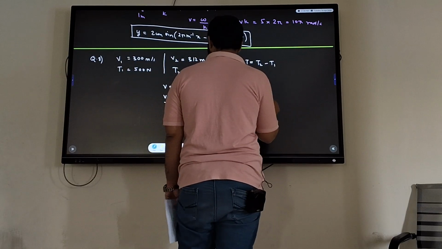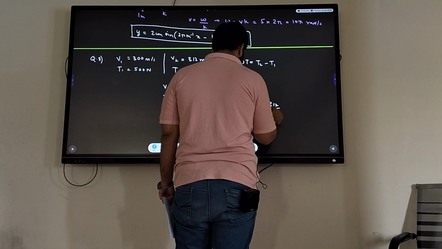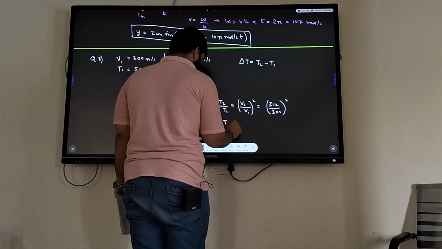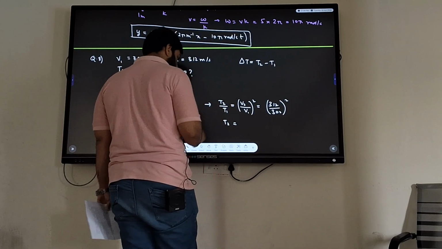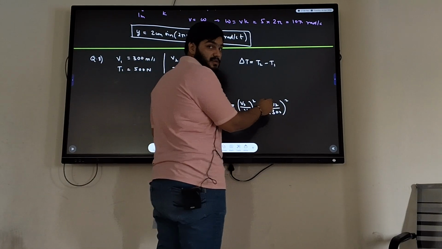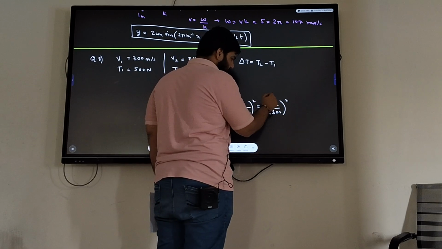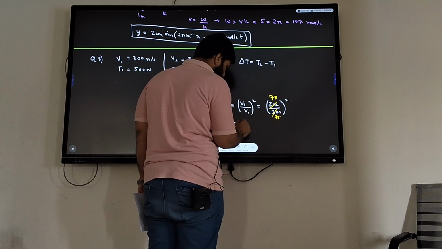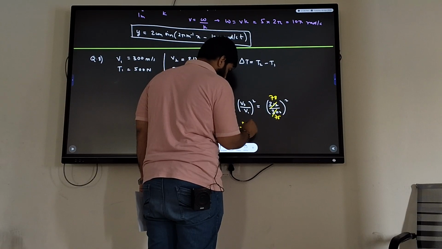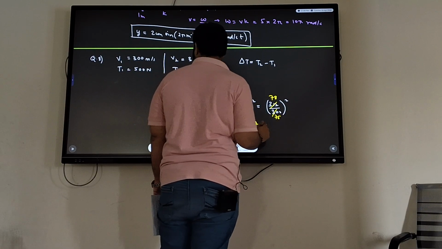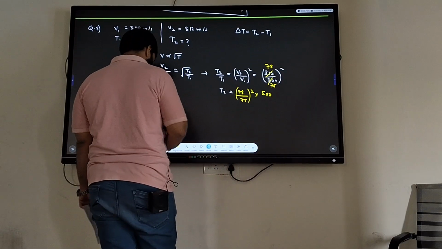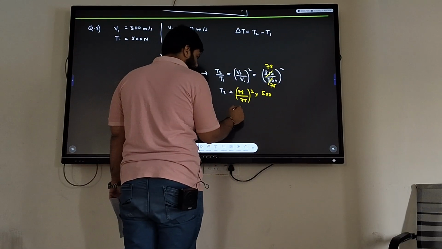What is V2? 312 divided by 300 the whole square. And then T2 will be this thing. What will it reduce to? 78 by 75, the whole square into T1, that's 500.